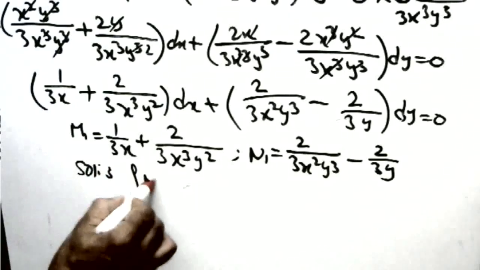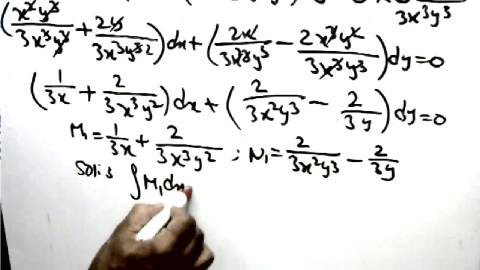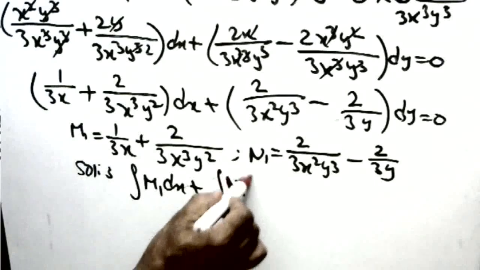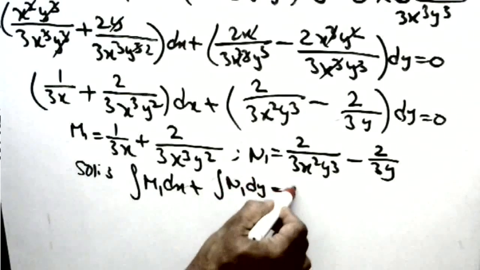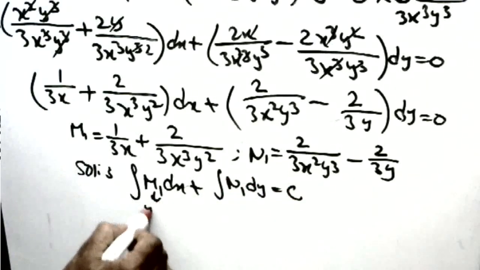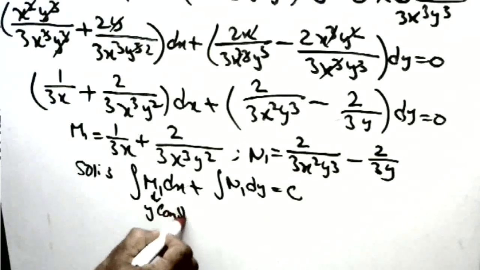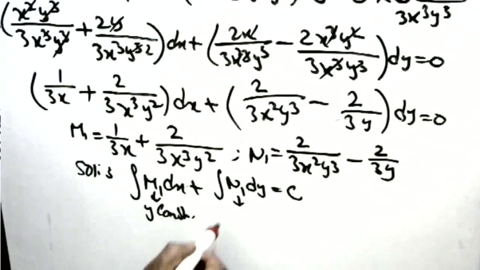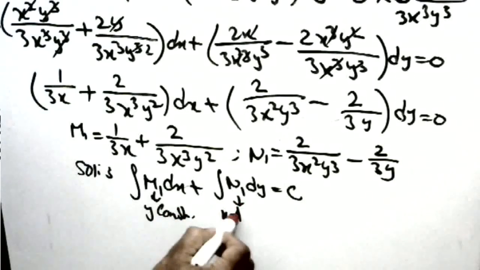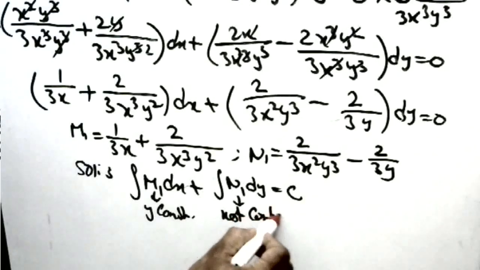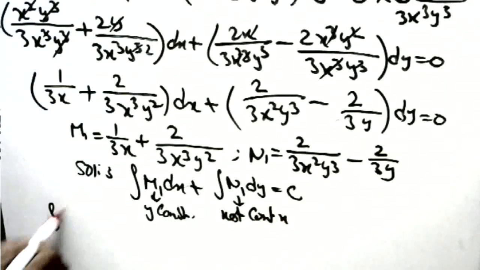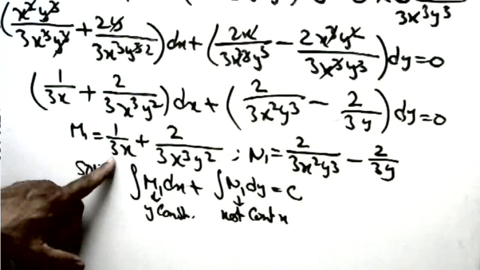The solution is integration of m1 dx plus integration of n1 dy equals c. Here we keep y constant, and in n1 we take the terms which do not contain x. So let me continue.